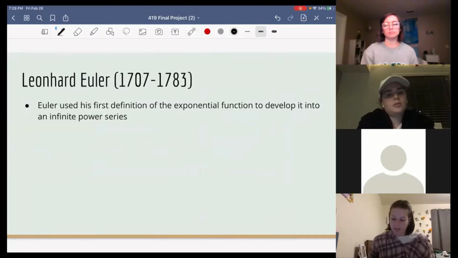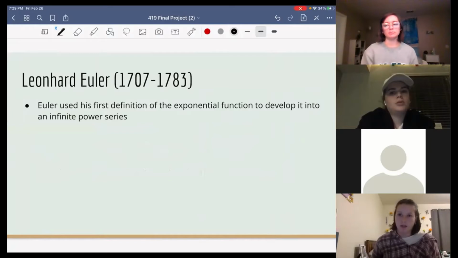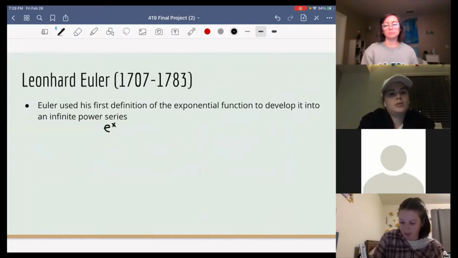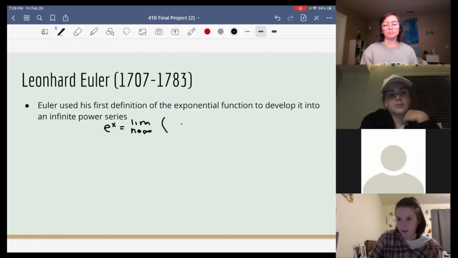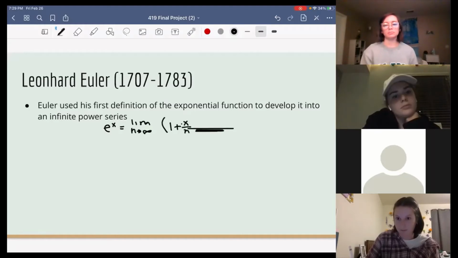So Euler uses his definition of the exponential function to develop it into an infinite power series. His definition is what we saw from Bernoulli, which is e to the x equals the limit as n approaches infinity of 1 plus x over n, to the n power.